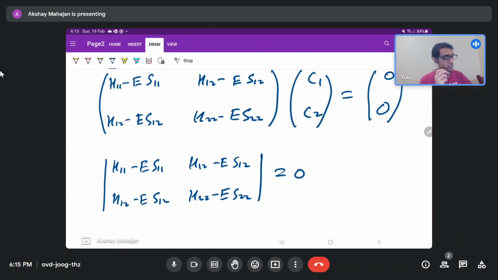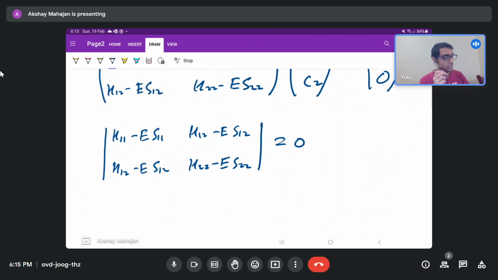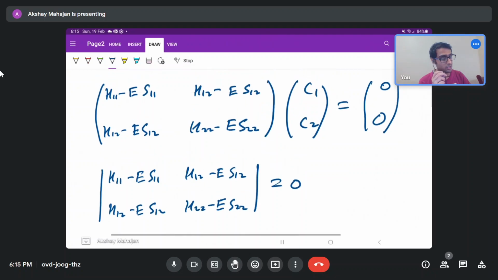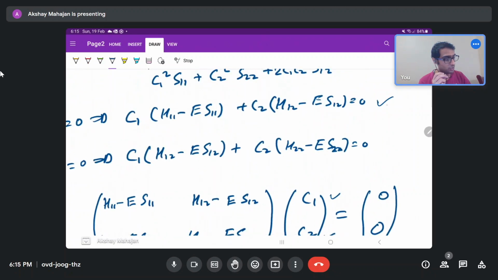Okay. And so basically you just have to solve this determinant, and you will get your values of E, and those are your energy values. Then using those E values you can just put them in these two equations, where C1 and C2 you have to find.